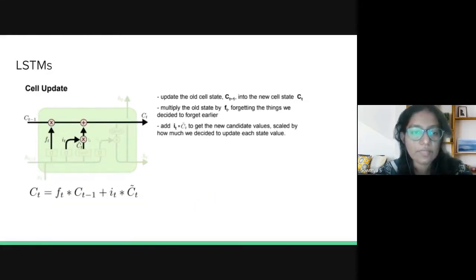This is known as the cell update function. So here we have a sum. Already in the forget gate, we had a multiplication, which was multiplying the previous cell state. After that, that's our ft into ct minus 1 plus it into c tilde t. So this is now our current cell state.